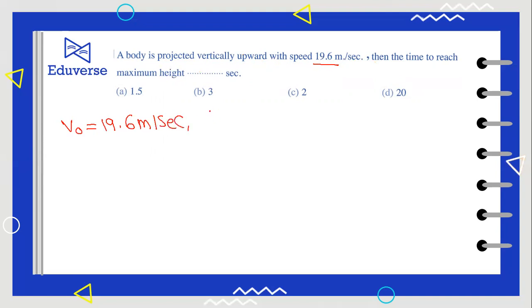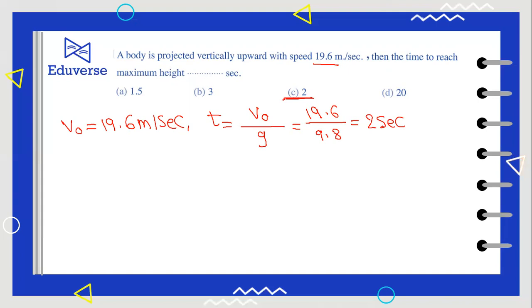Time to reach maximum height: time equals V naught over g. V naught is 19.6 divided by gravity 9.8. It's a constant value, not a change. The result will be 2 seconds, okay? That's the answer.